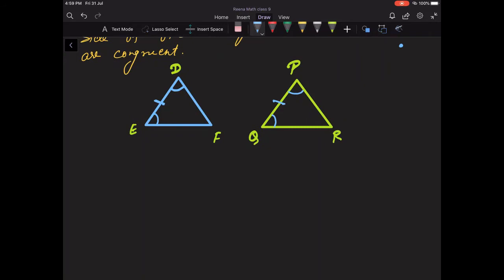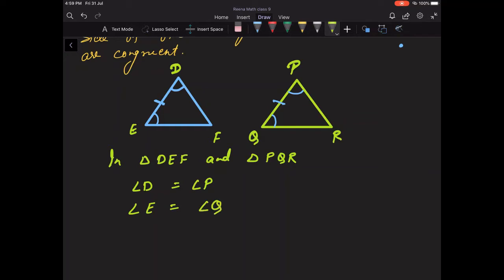We will write, in triangle DEF and triangle PQR, angle D is equal to angle P and angle E is equal to angle Q. You can see the common side of angle D and angle E is DE, and of angle P and angle Q is PQ.